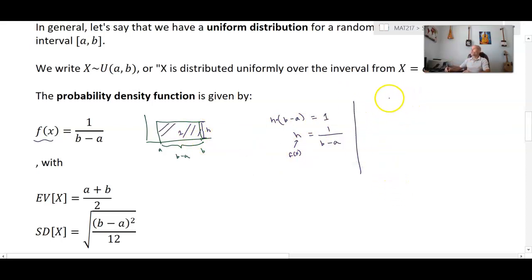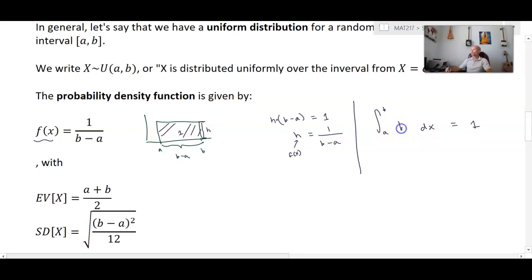Now we can also do this with integrals. We can say that the area starting at a and ending at b, from x equals a to x equals b, of this function with respect to x should equal 1. Now, one thing I know about this function is once again, it's going to have a constant height.